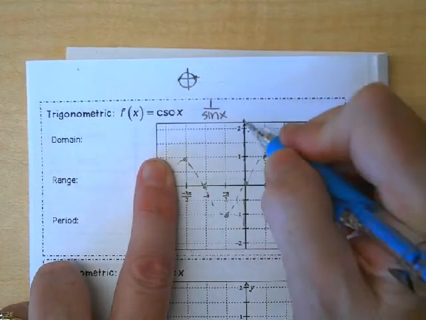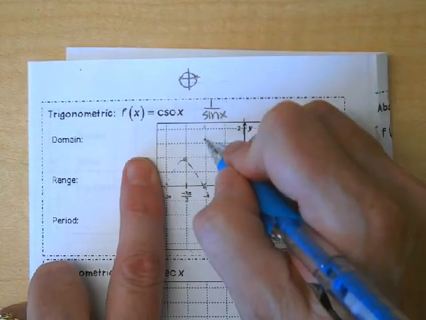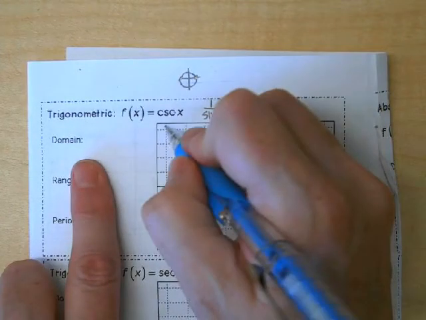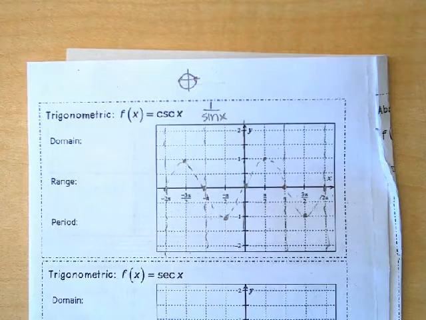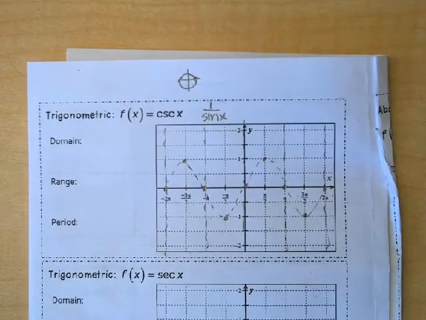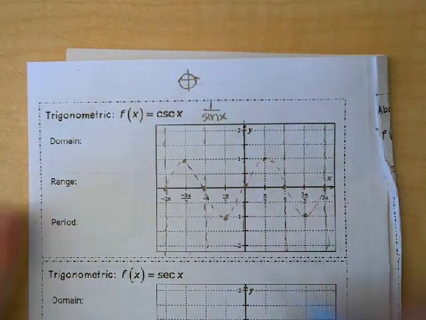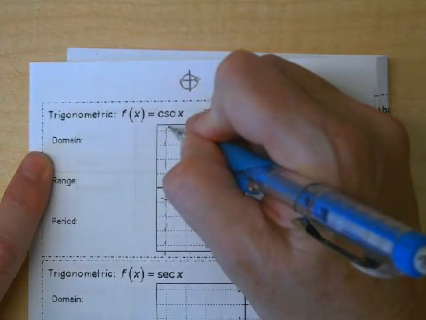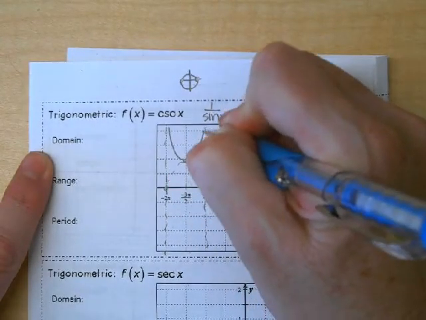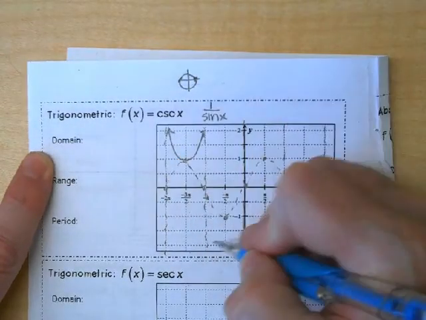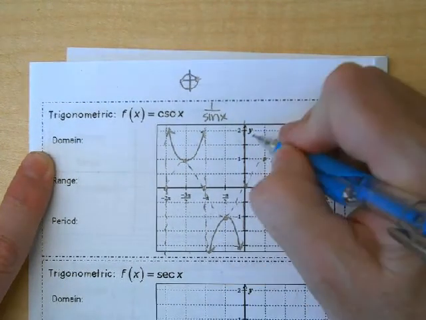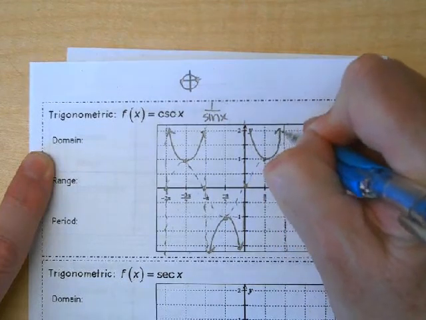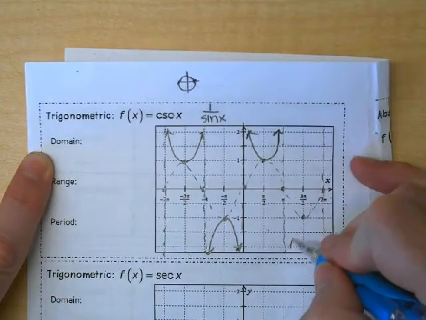Okay, so asymptotes at these values. Okay, now I memorized nothing else except that the cosecant graph goes on the back of the sine graph. So I know it goes like that. It goes like that, and it does equal this value right there. It goes like that, and it goes like that.